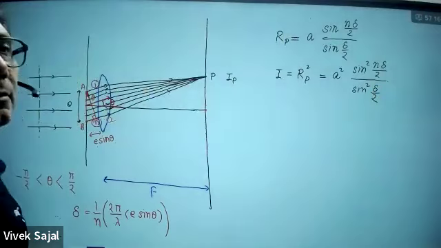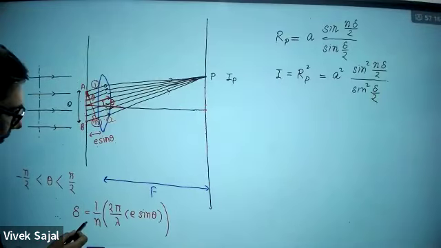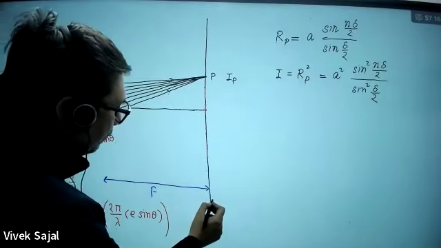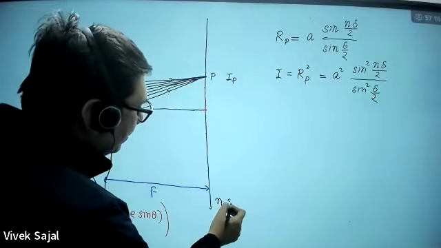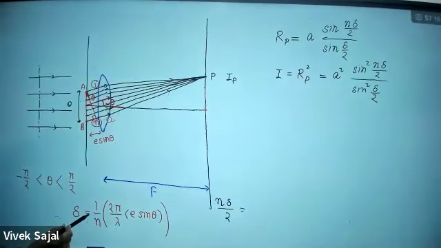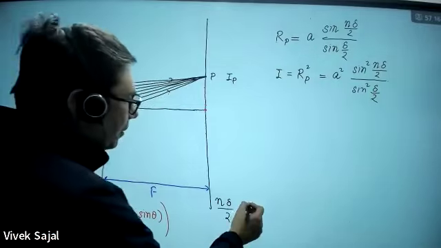Substitute this value of delta here. So what will be n delta by 2? From here you can find out: if you multiply by n, this n will cancel out, and this 2 will also cancel out.